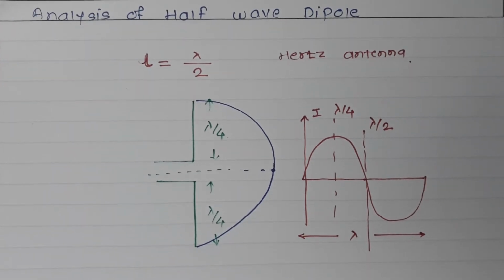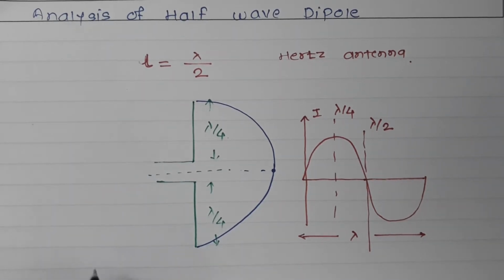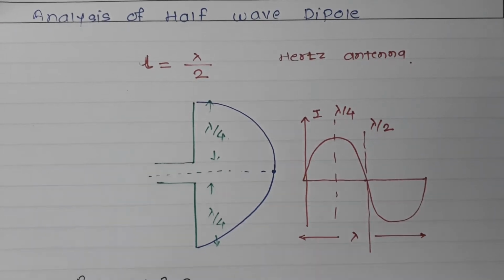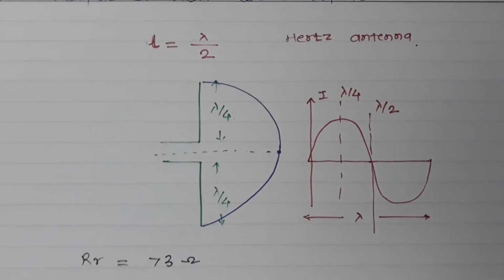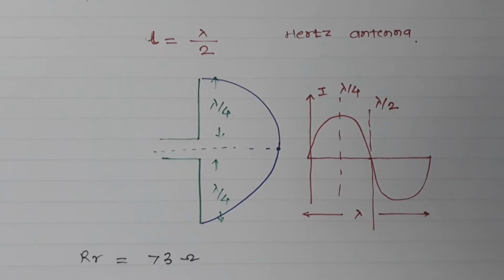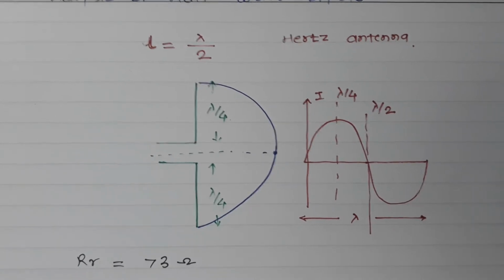Now it is one of the most commonly used antennas because of its characteristics. The radiation resistance of this antenna, R_R, is 73 ohm, which is close to the impedance of your coaxial line or 75 ohm transmission line.